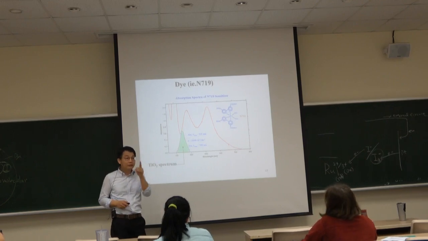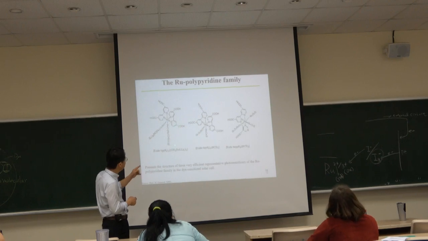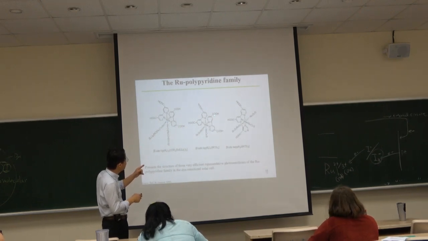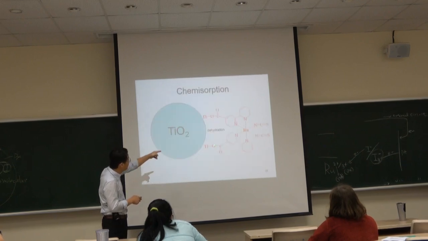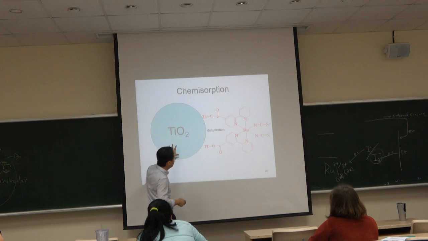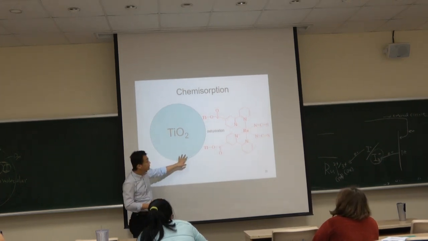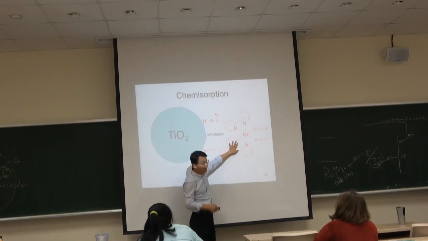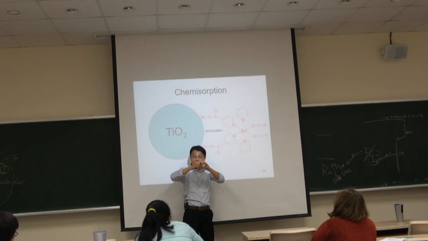The functionality of the COOH bond is one or two. You can see different styles. The ruthenium dye has a different COOH, this one has 4 groups of COOH. This is TiO2. TiO2 has a TiOH. The ruthenium dye has a COOH, so COOH can combine with TiOH.